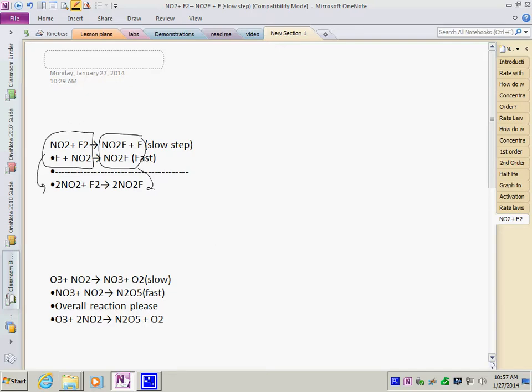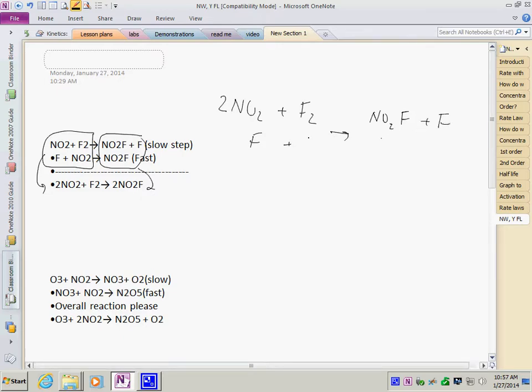So for this reaction, I'd have NO, I'd have an F2, I'd have an F, and I'd have another NO2 right here, yields NO2F, I have an F, I have another NO2F, and I'm done. Note that the fluorines on both sides would cancel as an intermediate.